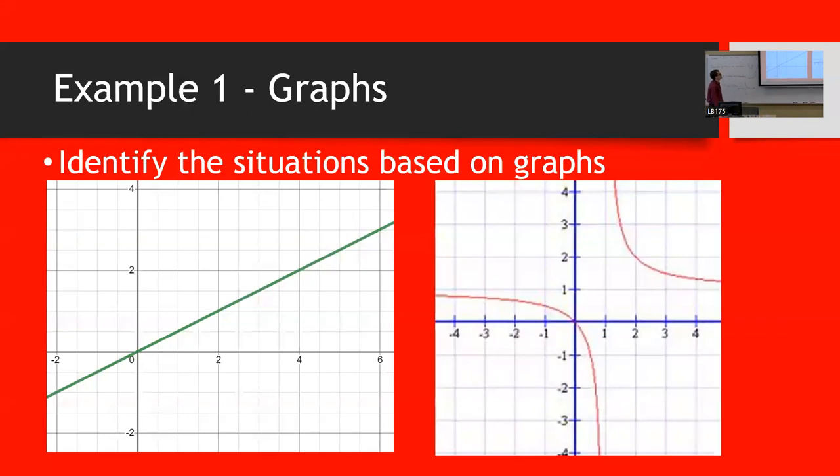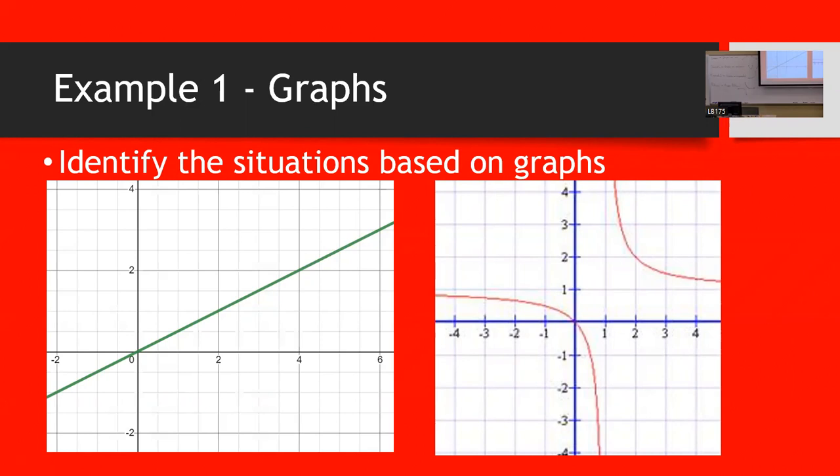So if you look at this picture of the graph on the left, and then the picture of the graph on the right, we should be able to identify the type of graph on the left and the type of graph on the right.